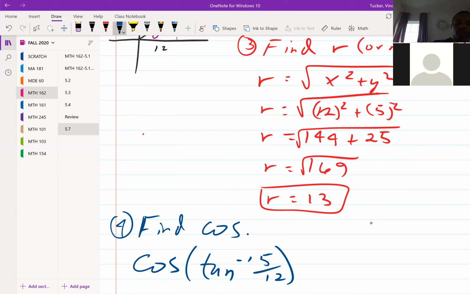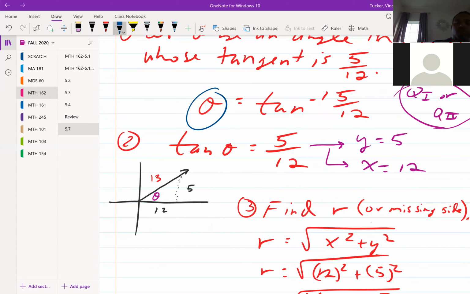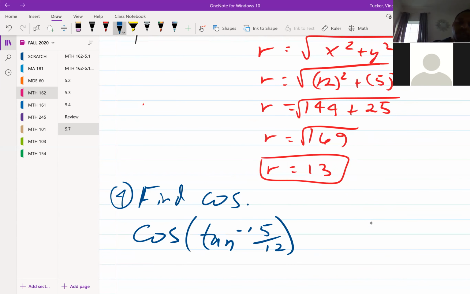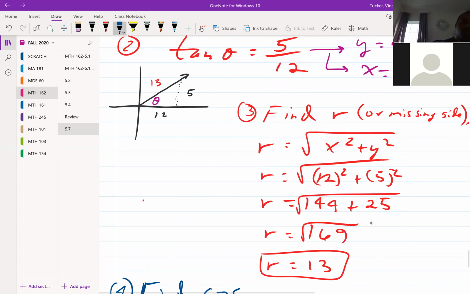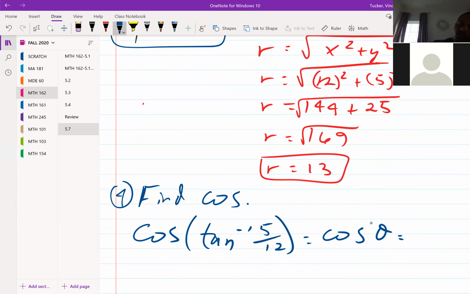We said that tan inverse of 5 over 12 was equal to theta. So that means we have cosine theta. Now if we go to our sketch, we have our theta. Cosine is opposite over hypotenuse. So our opposite is 5. Hypotenuse is 13. And that will be our answer.